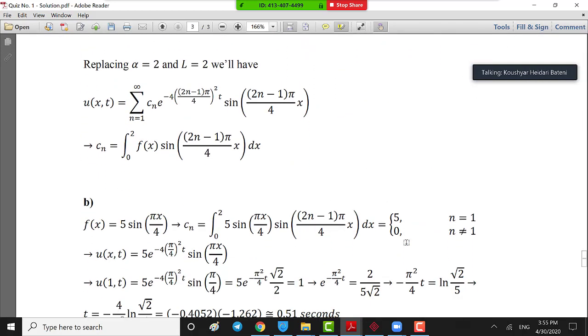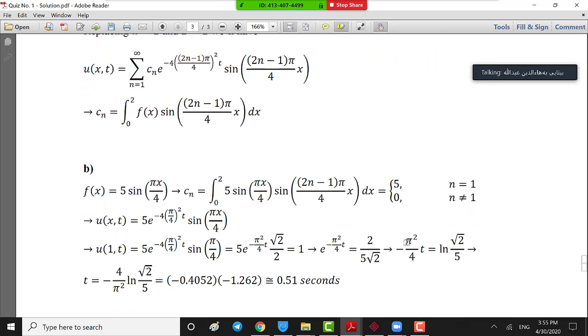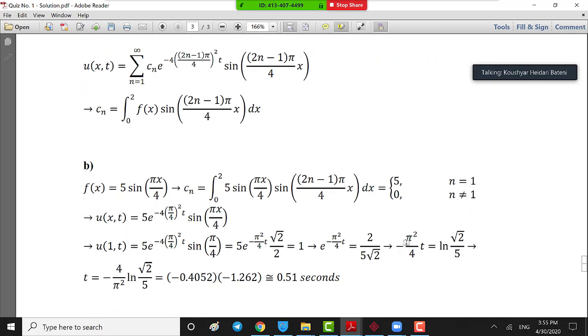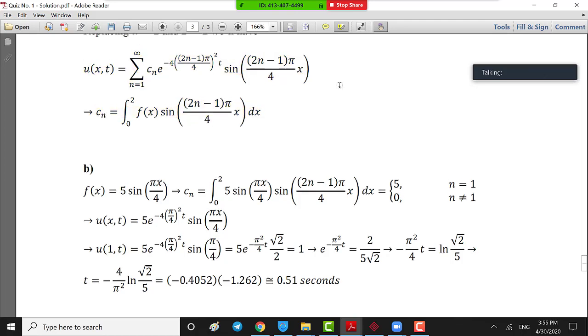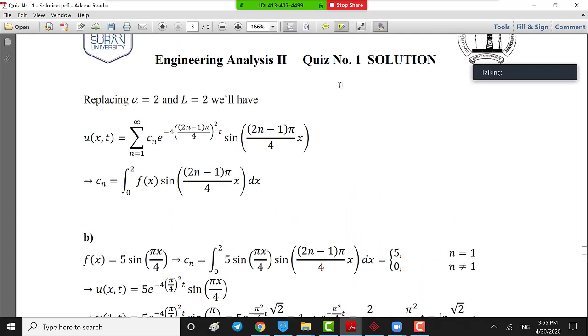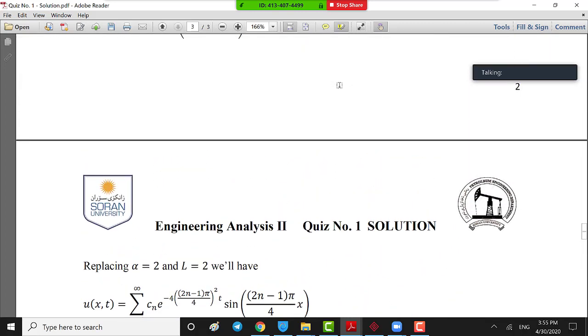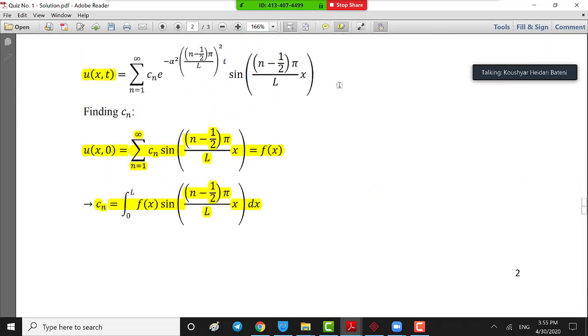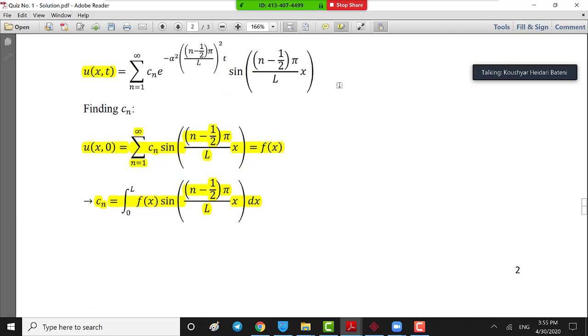Now, we're going to utilize the conclusion that we made at the end of the solution to part A. And it was this. We found u of x and t and Cn.